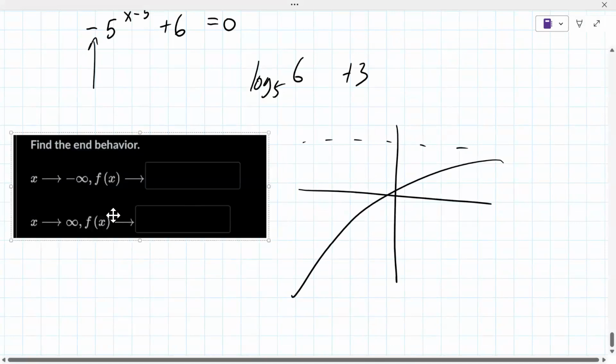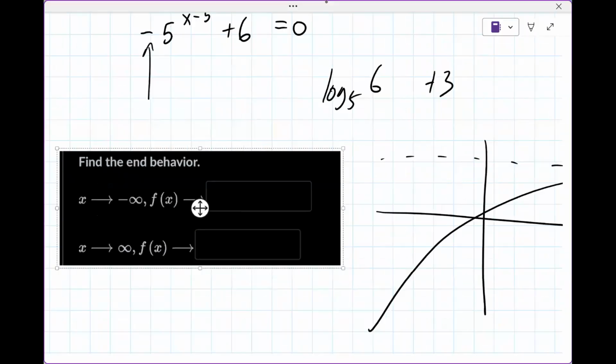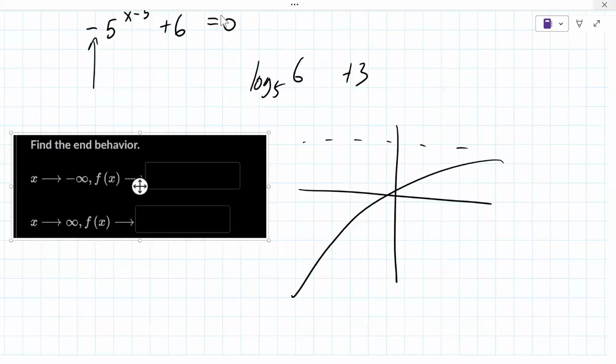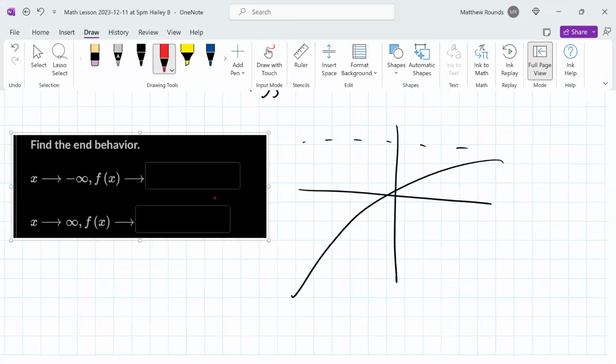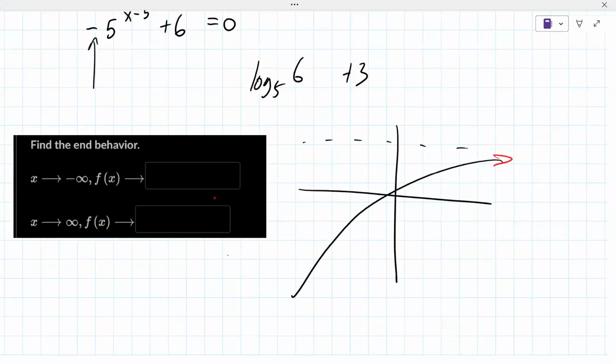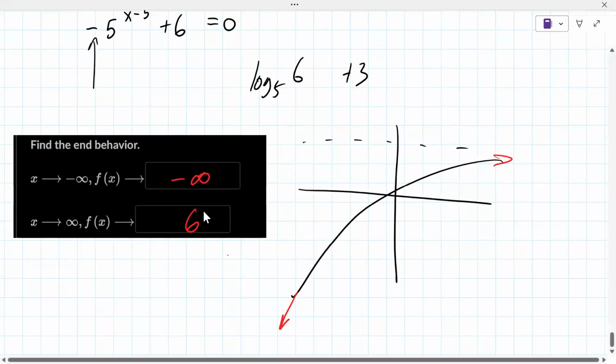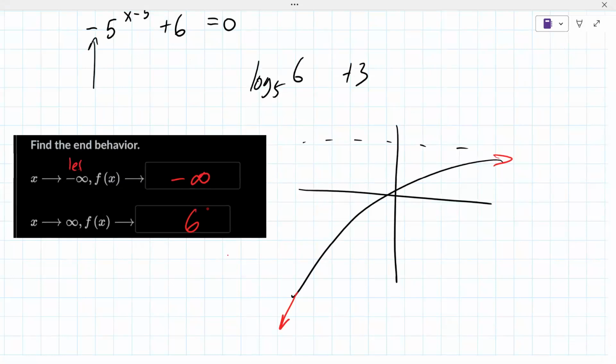So as you go to the right forever, I'm going to do the bottom one first after I get the screen to resize because that was silly. As you go to the right forever, it goes to the horizontal asymptote. As you go to the other direction, it goes to negative infinity.